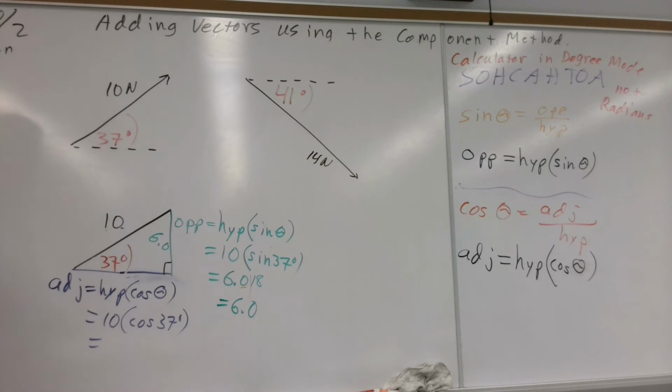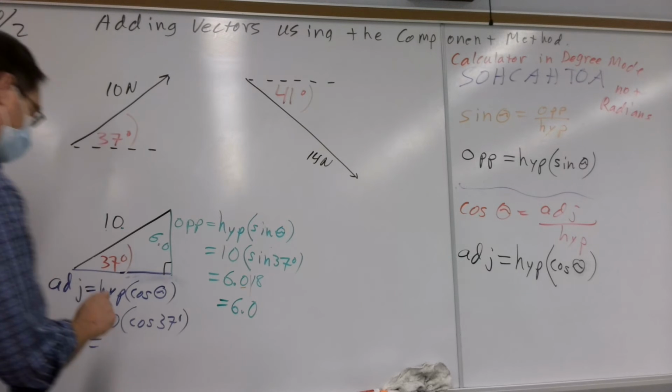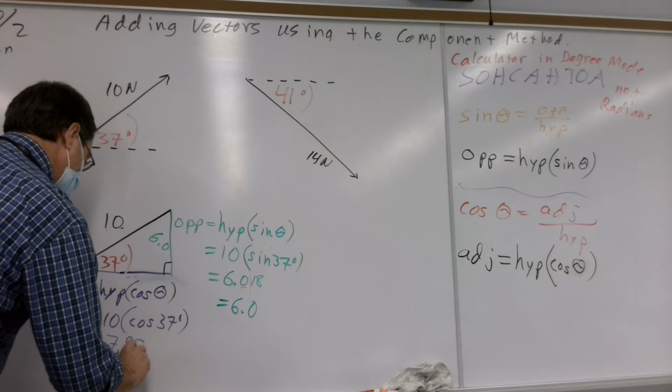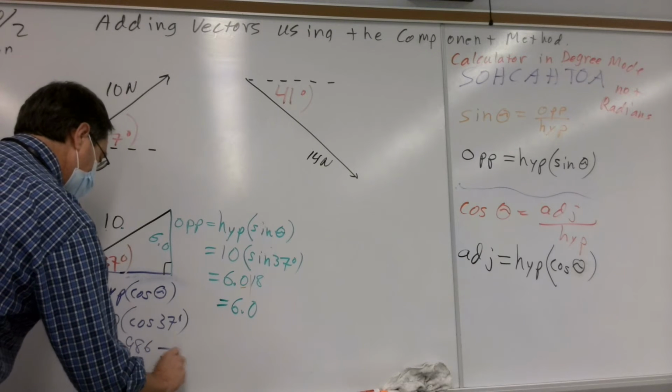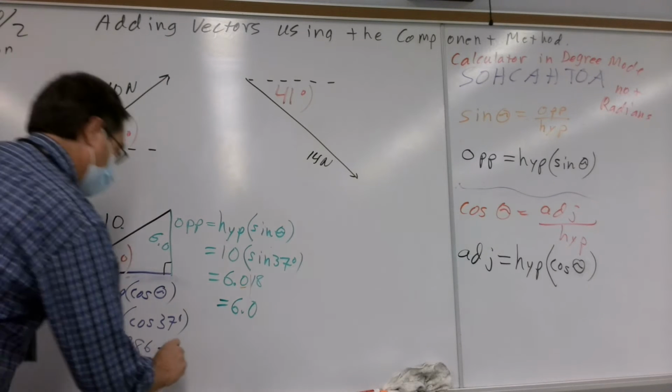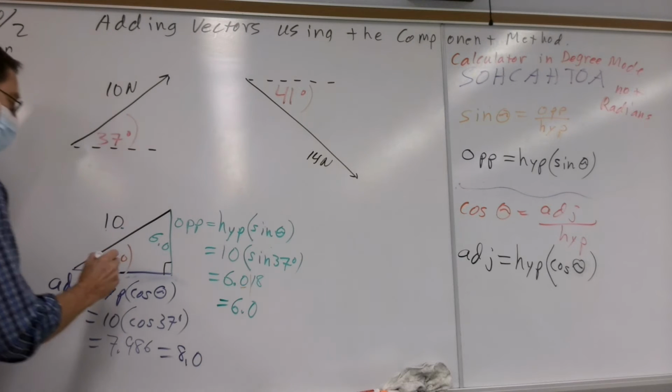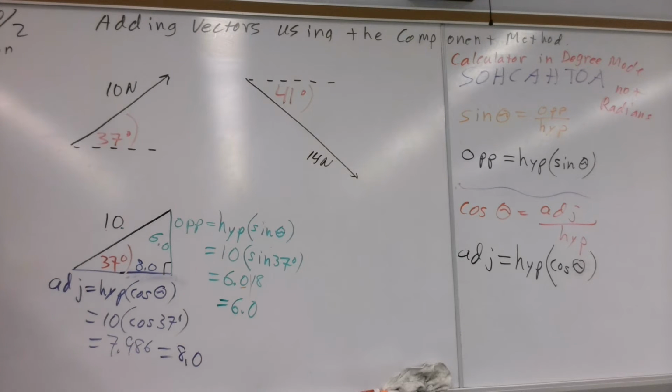And that will be how much? Before we round, 37 cosine times 10: 7.986. 7.986, but we want that to become what? 8.0 to 2 sig figs, right? So this is 8.0.